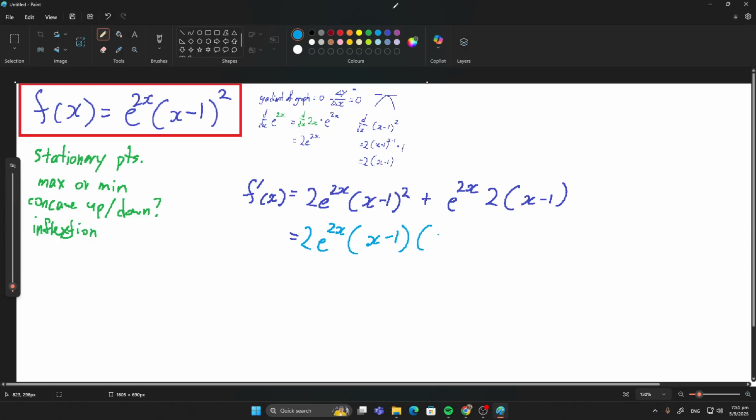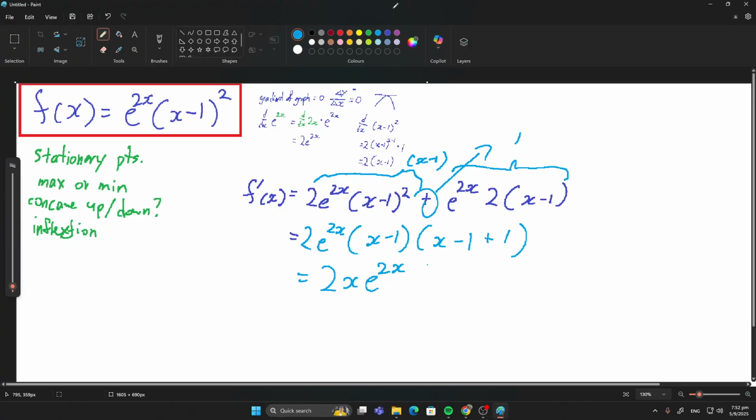Over this essentially becomes a 1, and then this essentially just has an (x minus 1). So if I'm not wrong, it is (x minus 1) plus 1. Okay, so you get 2e^(2x)(x minus 1 plus 1).